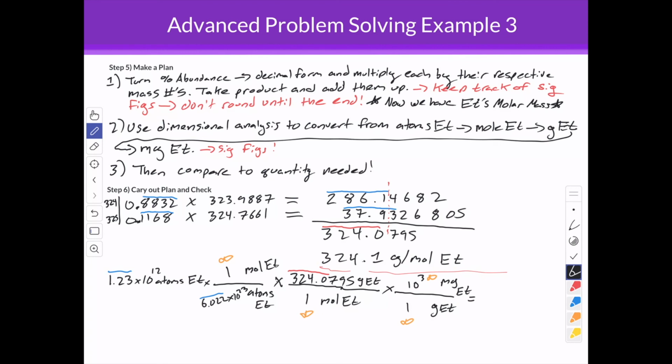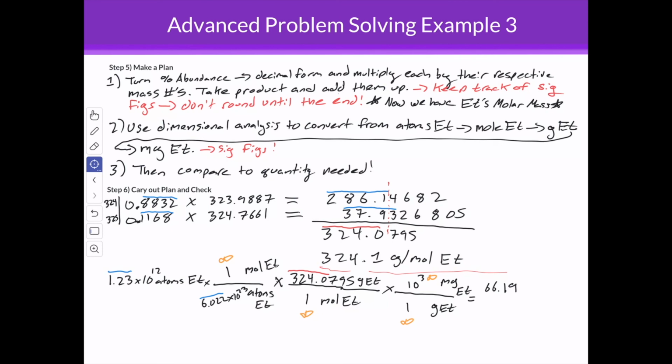I get 66.19. I can stop there since I'm rounding to 3 sig figs. Let's not forget our exponents. I've got 12 plus 3, that's 15, minus 23.